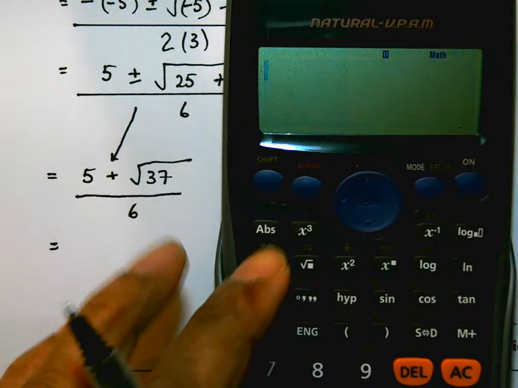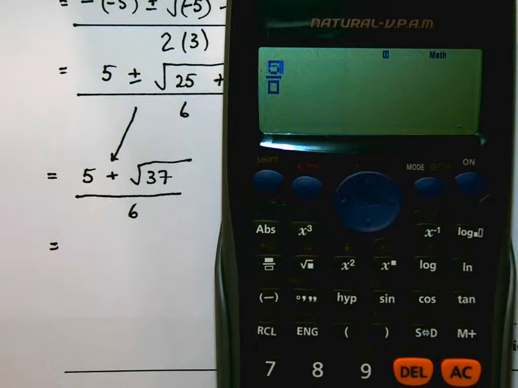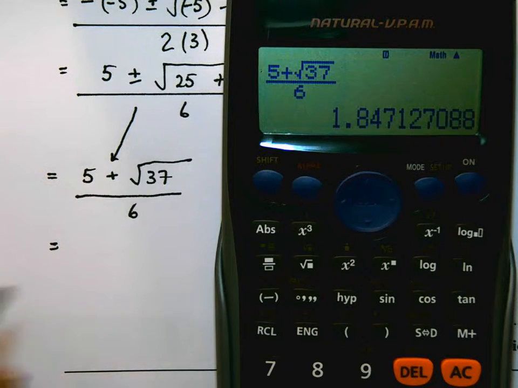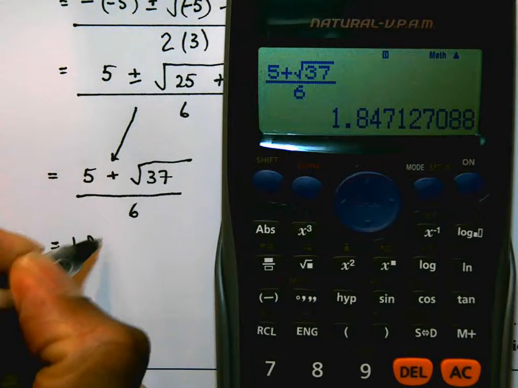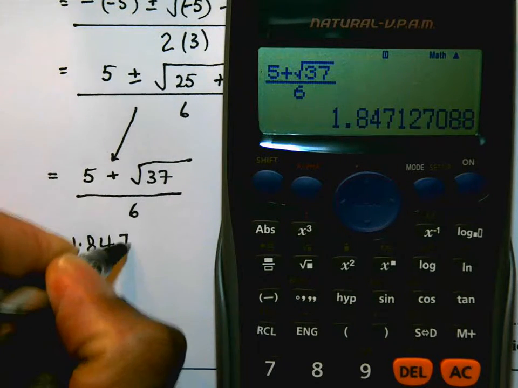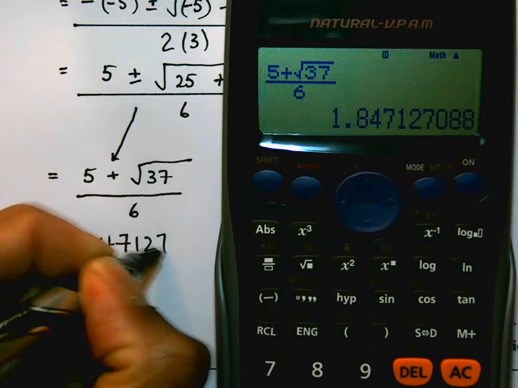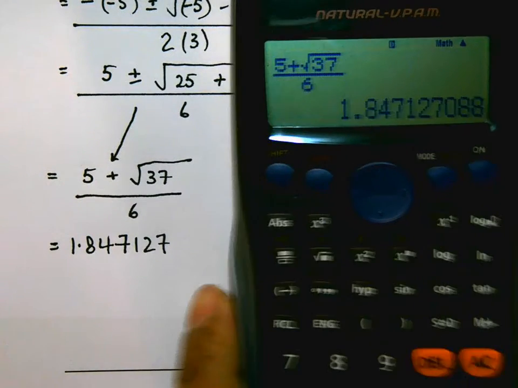Using my calculator, I'm going to use the fractions button. I'll have 5 plus the square root of 37, bring the cursor out of the square root and down below, divided by 6, and that's equal to 1.847127.